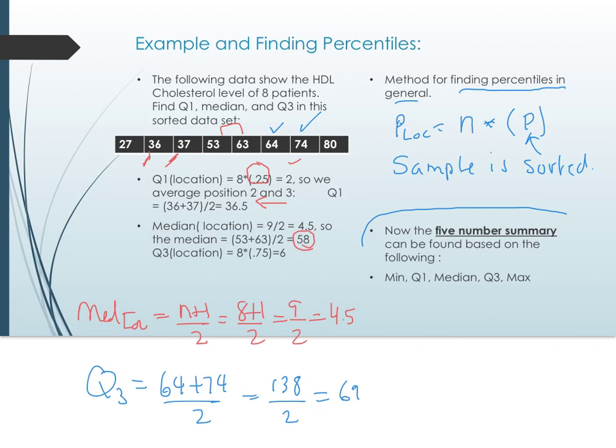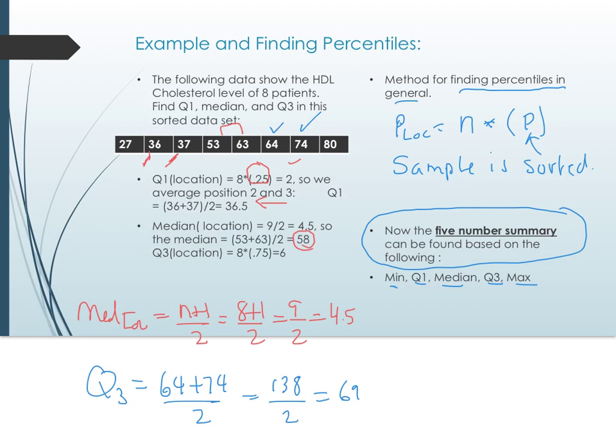So now we can calculate the 5-number summary. The 5-number summary has the following values: the minimum, Q1, the median, Q3, and the maximum.